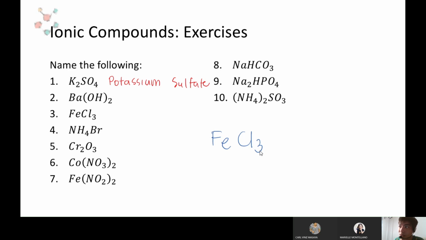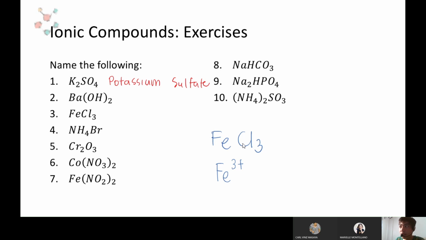Remember, nung nag-criss-cross tayo, yung subscript ng kabilang atom, yun yung charge ng katabi niyang atom, di ba? So, meaning, yung 3 na to, galing yan kay Fe. So, that means, ang charge ng Fe originally ay Fe 3+.